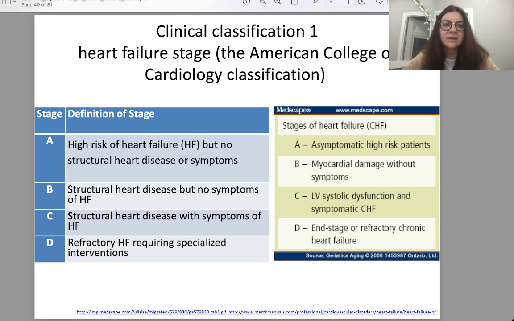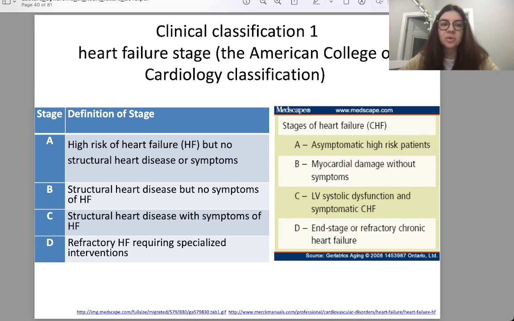Stage A is high risk of heart failure but no structural disease or symptoms, or more simply, asymptomatic high-risk patients. It is patients with risk factors but without structural changes, without symptoms. Stage B is structural heart disease but still no symptoms, or myocardial damage without symptoms.